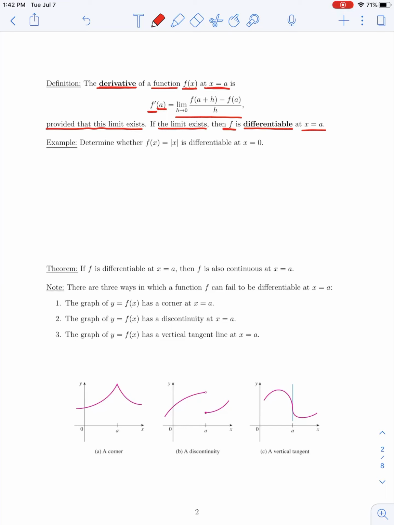So in our first example, we are asked to determine whether the function f of x, which is the absolute value of x, is differentiable at x equals 0. So let's think about this limiting value. We are looking at whether or not we can define f prime, that is the derivative of f, when x is equal to 0.